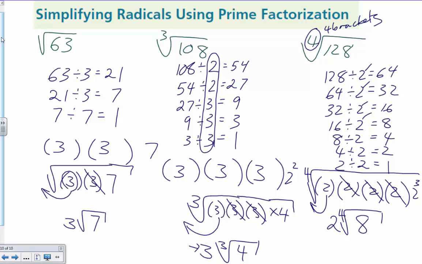So I create the number of brackets based on the index and determine what numbers can fit into them, and the leftovers stay under the radical.